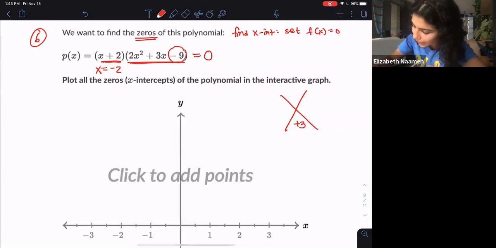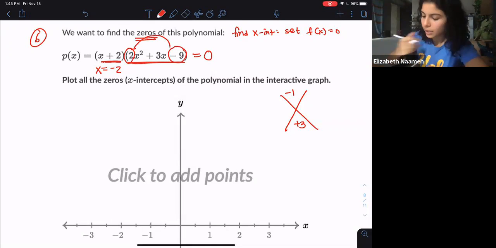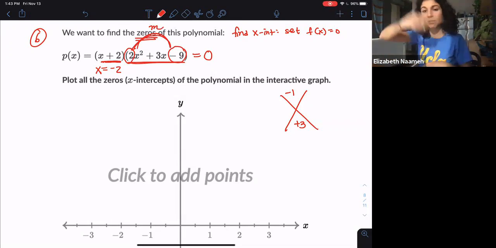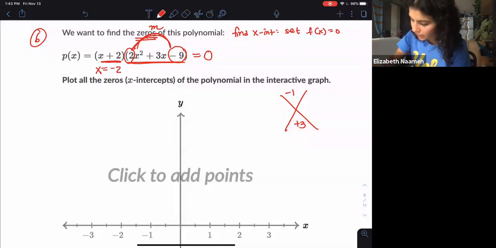Usually you multiply to the last number, but when there's a number in front, you need to multiply them together. So we need to multiply to -18. If it helps you to remember, I like to draw an arc and put an M at the top. That means I need to multiply to -18, and then I add to the middle number.